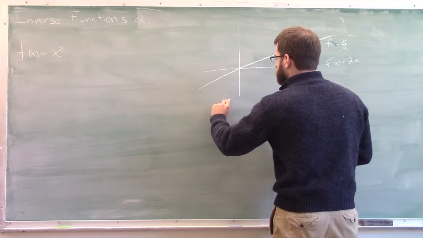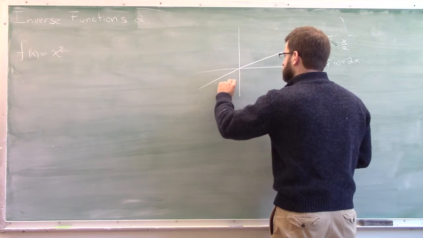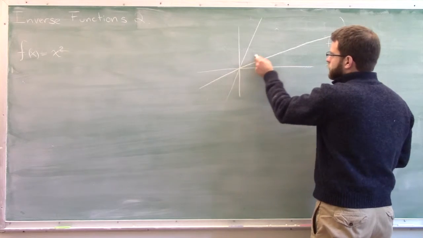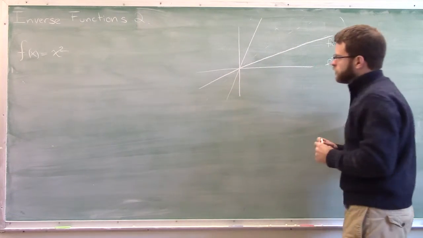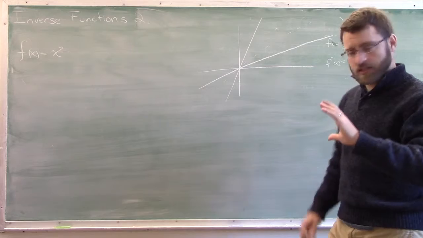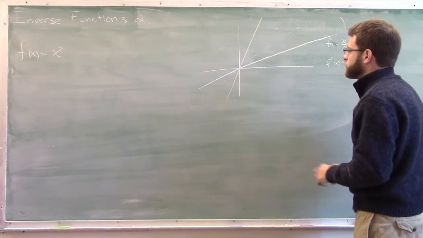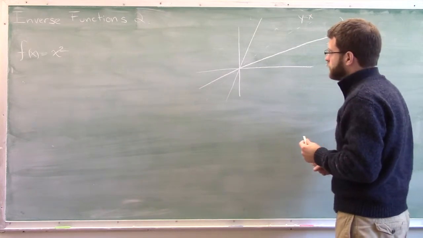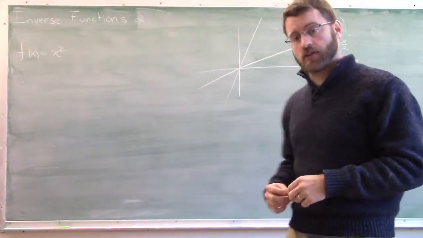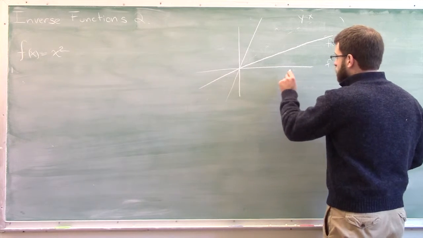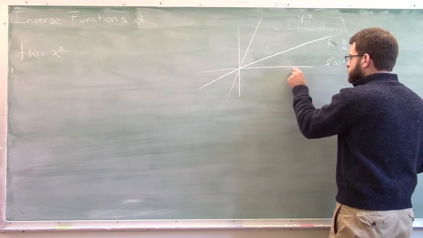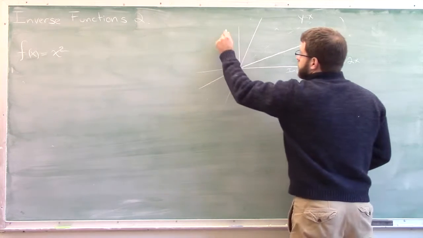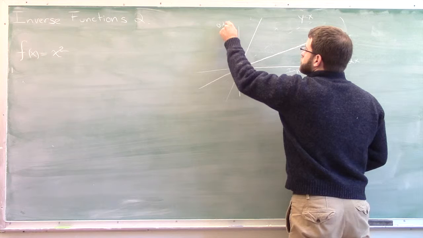And if I draw that inverse function in, what I see is that the inverse function is a reflection of the original function across the line y equals x. The line y equals x is the identity function, and when I look at a function, the inputs lie on the horizontal axis, and the outputs lie on the vertical axis.